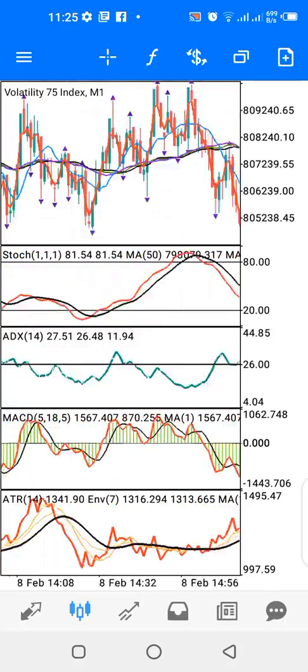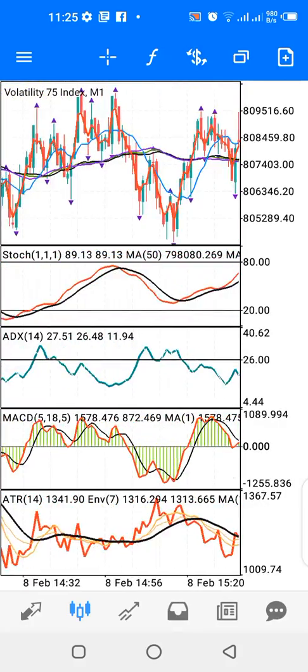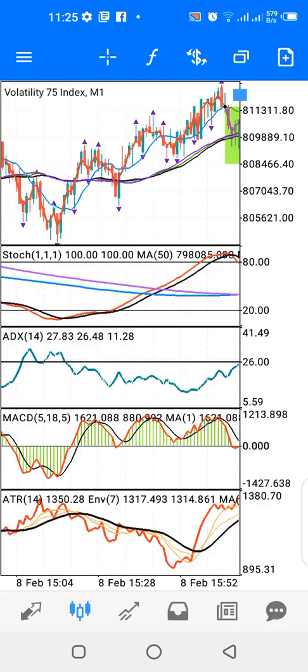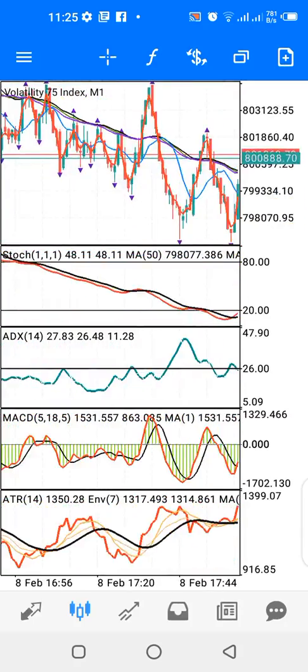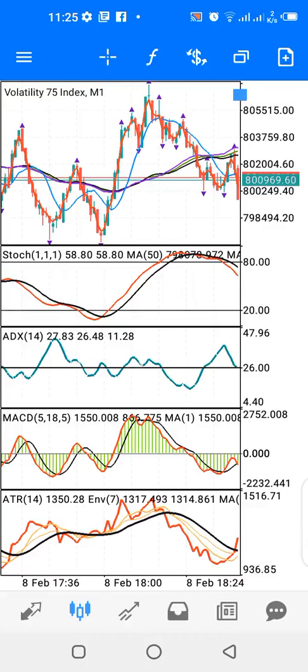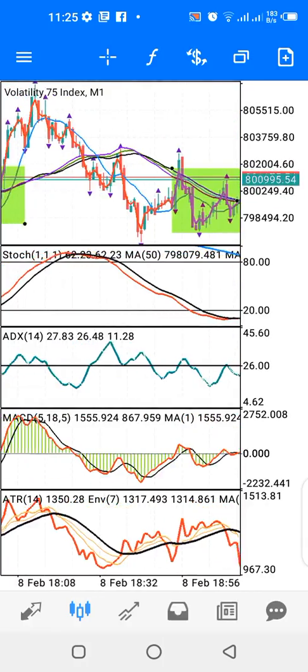When they cross up, let's look for where we have a cross up. Like we have a cross up here. That's your buy, sell, buy. This is a buy. And this is a sell, this is a buy. This is a sell.